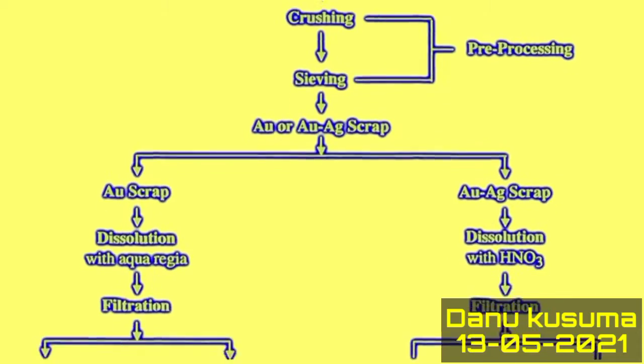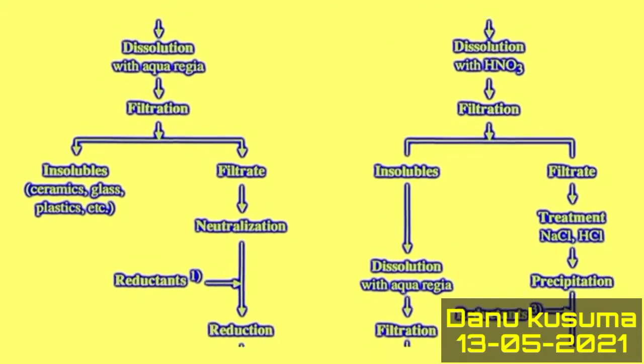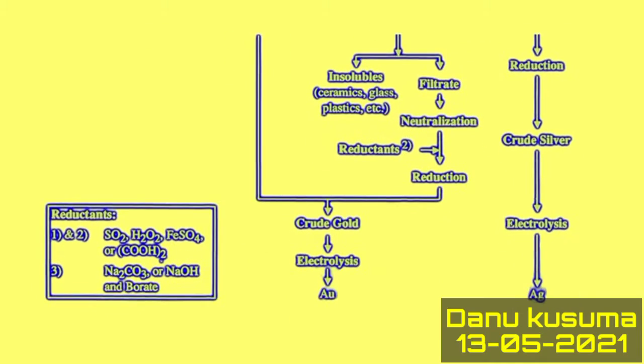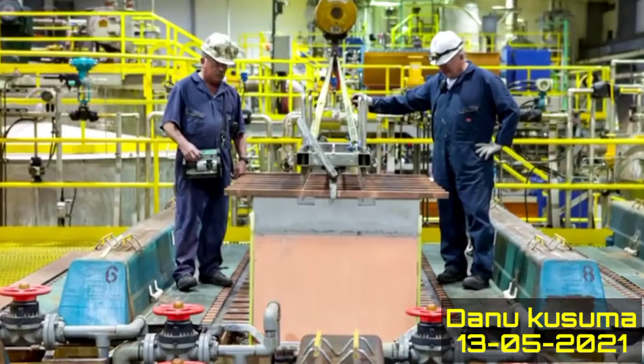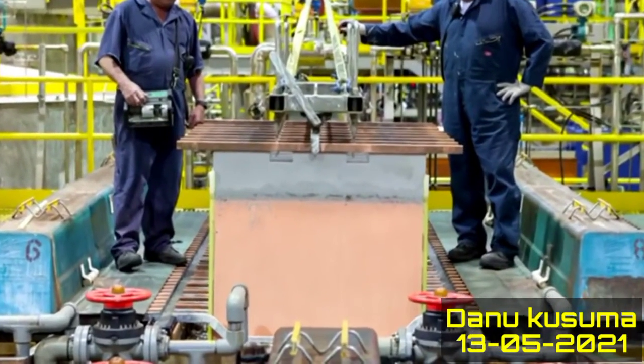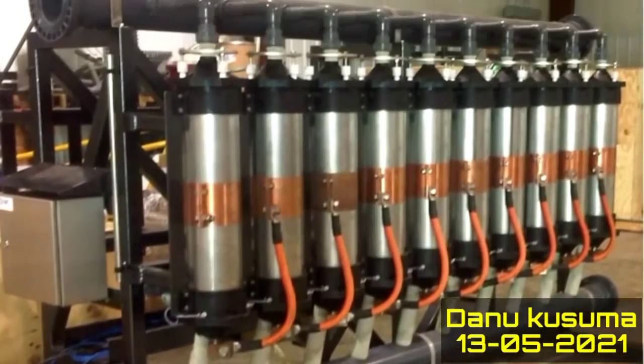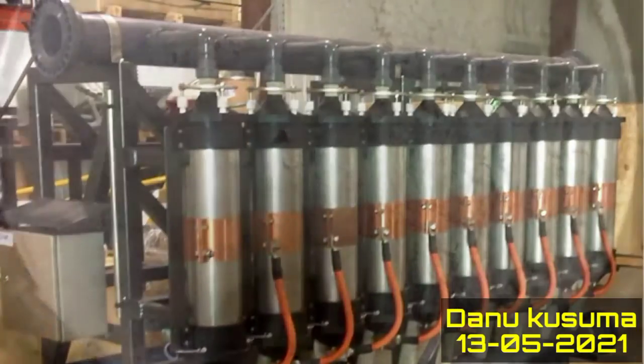The final processes in recycling and refining precious metals from electronic scrap use separate electrolytic cells for gold and silver. Flat plates have traditionally been used to keep the current flow even and controlled. Cylindrical cathodes are also being used in some advanced processes.